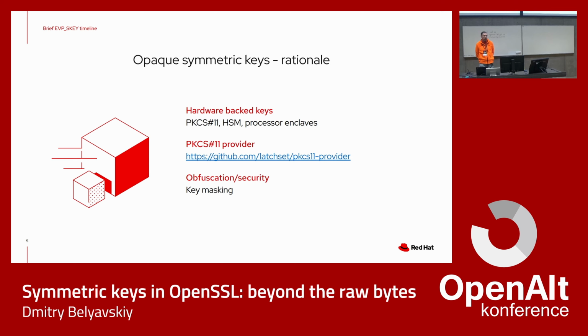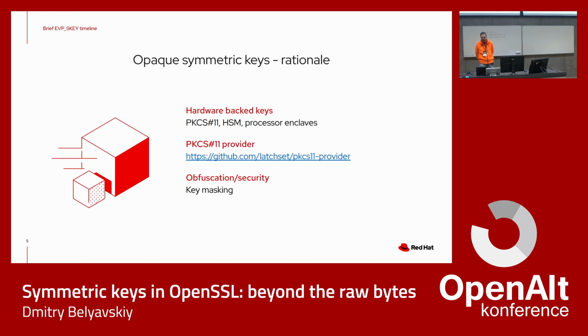But, well, it's not always suitable to use a raw bytes array. When you have a PKCS11 token, and you often have it nowadays, you normally don't have an access to raw bytes array implementation, but you have something normally named handle, and you still want to make some encryption.